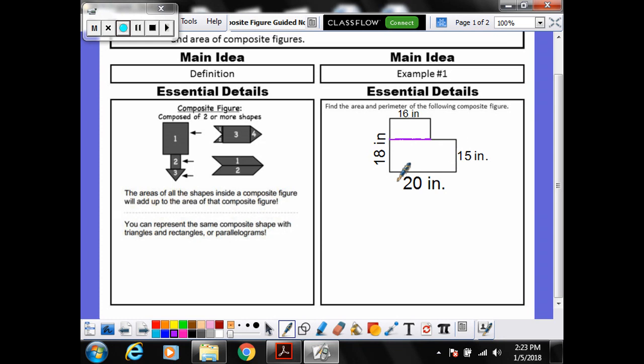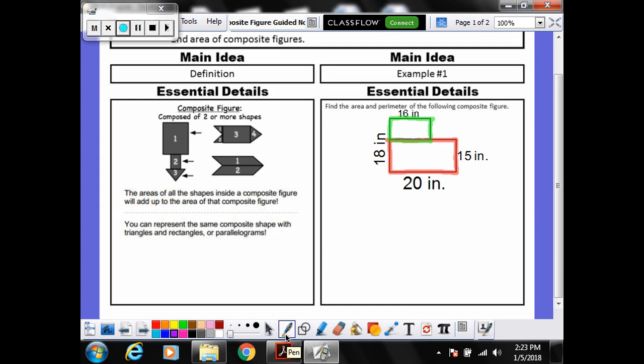We have this rectangle, I'm going to highlight that in red. And then we have this green rectangle here. So we have those two rectangles to work with.